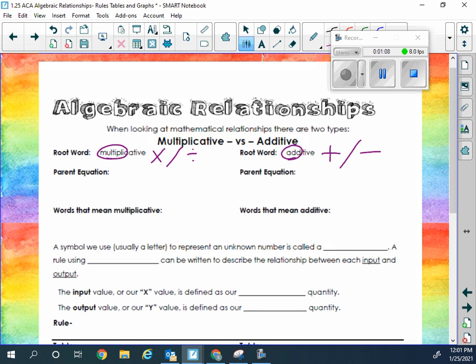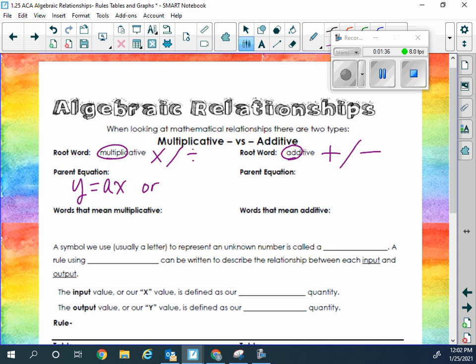Okay, when they say a parent equation, they just mean in general. We'll do it here with our multiplication things that we talked about, like A times B, A with a dot, A next to it. These are like parent equations, meaning we're not going to use any numbers, we're going to use all letters. So, in a parent equation for multiplication, it might be y equals ax, where a is a number.